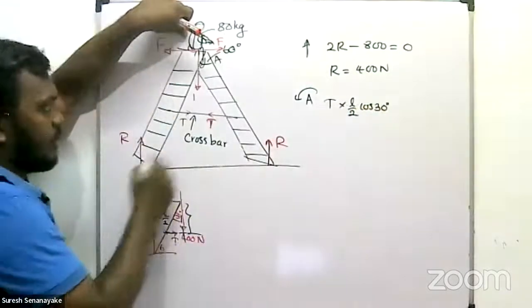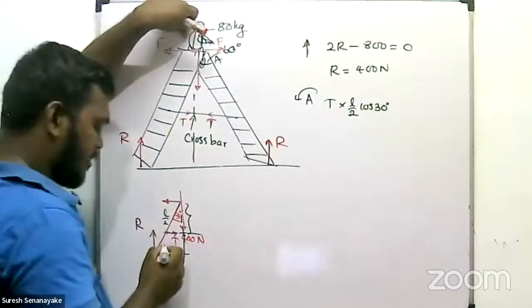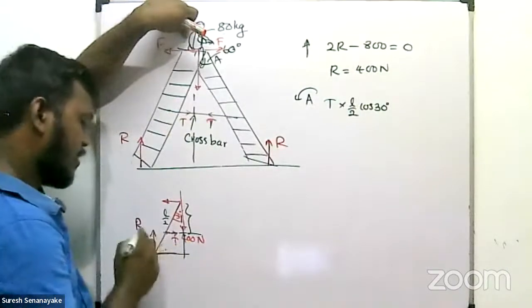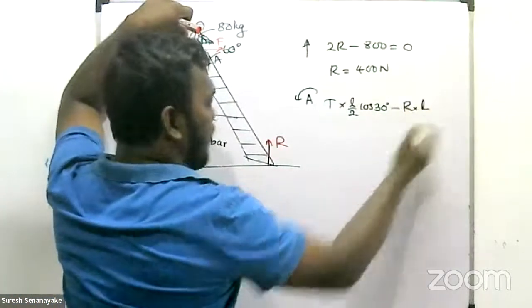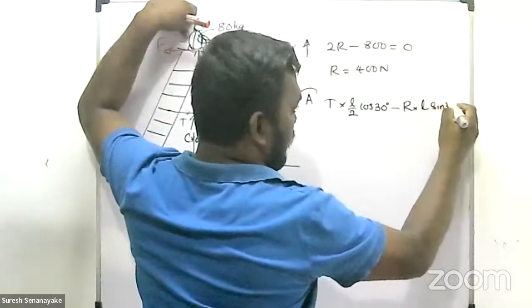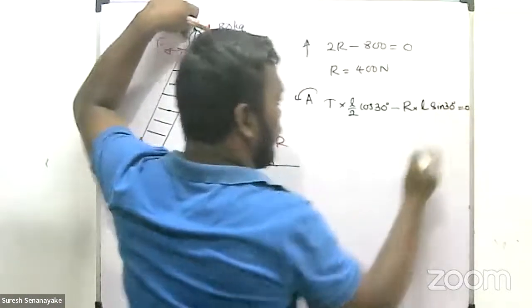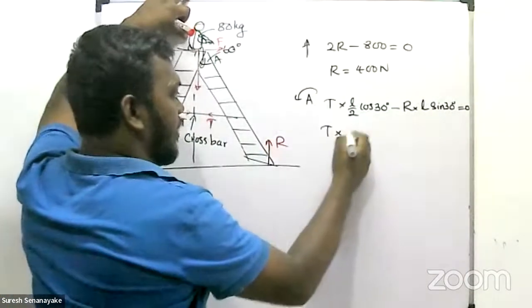And this will give the moment the opposite way, right? The other side: R multiplied by L sin 30 equals that. So the T you need to find.